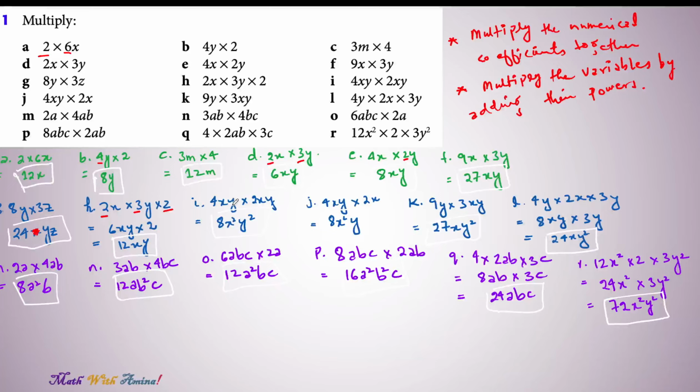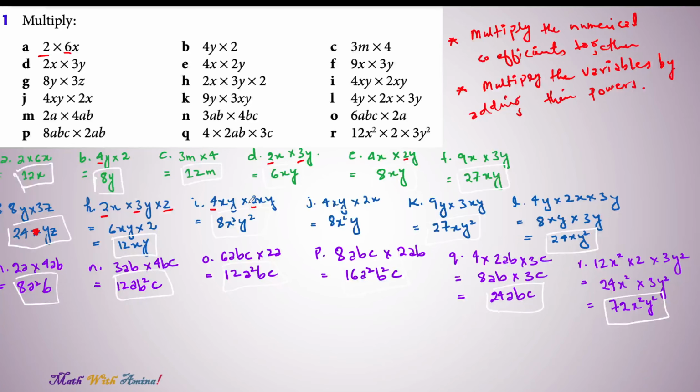Then we have 4xy multiplied by 2xy. So in here, this is the question where we are going to implement the second rule. First, we will start with multiplying the coefficients. 4 is the coefficient for xy, and 2 is the coefficient for xy. Now you have to keep in mind that the variables for both the terms are the same, xy and xy.